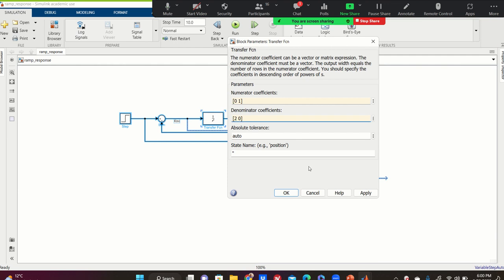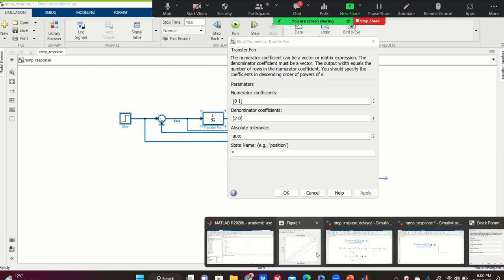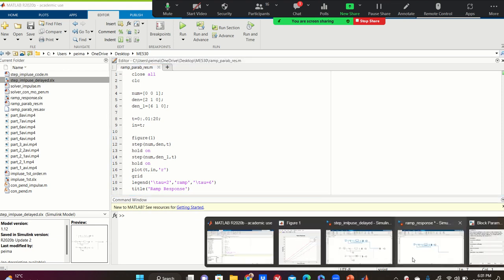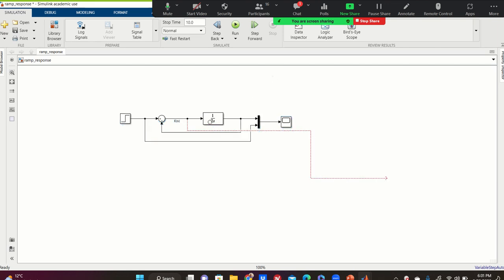Yes? Look at here. 1 over tau s is open loop transfer function. Don't forget, I'm again emphasizing, in MATLAB coding, you put closed loop transfer function, even reshaped transfer function, but when it comes to Simulink, for the linear systems, you have to put the open loop transfer function.